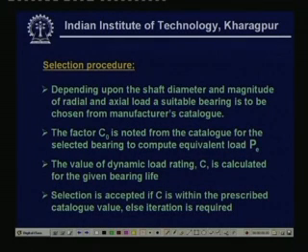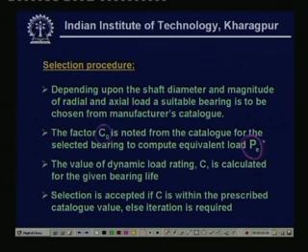Then for that bore diameter you get all the dimensions of the bearing and also two factors: one is the C_0 factor and the other is the C factor. Once you get the C_0 factor, you go back to the chart to find X and Y, and subsequently compute the equivalent load P_e.